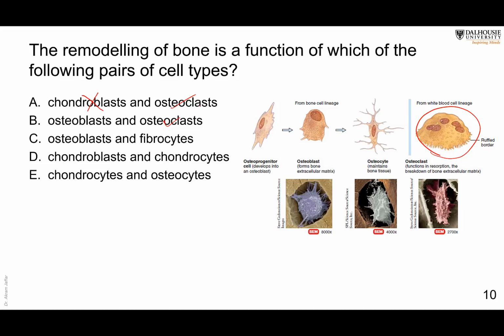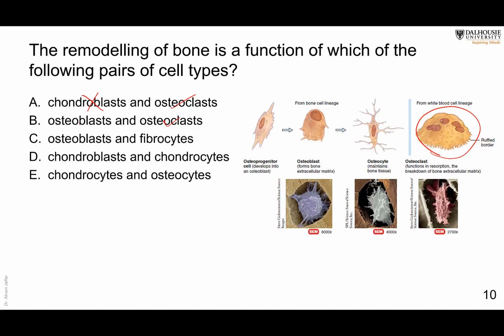They are derived from osteogenic cells, and they are present in the periosteum and in the endosteum. So during bone remodeling, osteoblasts add new bone tissue and osteoclasts resorb the bone tissue, and they work in pairs. And that will be the correct answer.